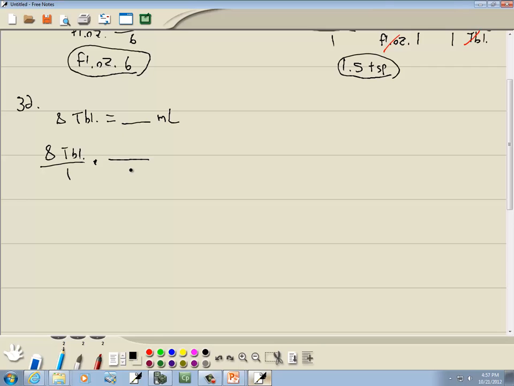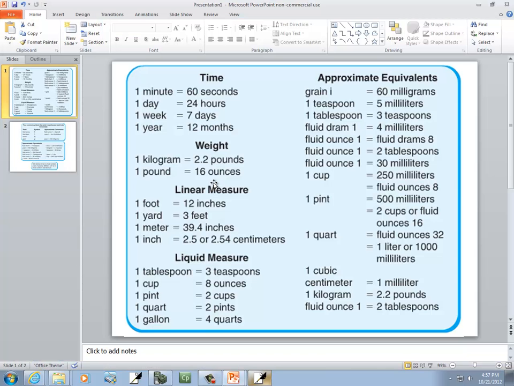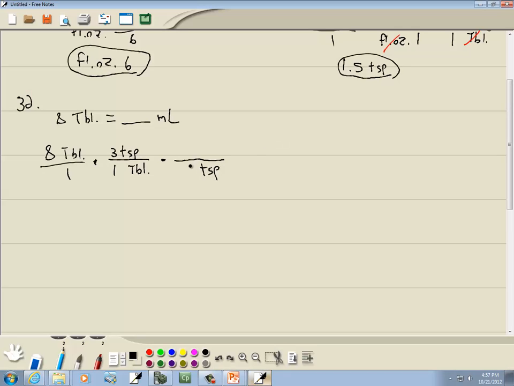So let's go ahead and tie this to teaspoons. So 1 tablespoon is 3 teaspoons. Dimensional analysis, teaspoons up here, teaspoons down here. And I think 1 teaspoon is 5 milliliters. Tablespoons cancel. Teaspoons cancel. We got all 1s downstairs, so those don't count. 8 times 3 is 24 times 5, 120. So our answer is 120 milliliters.